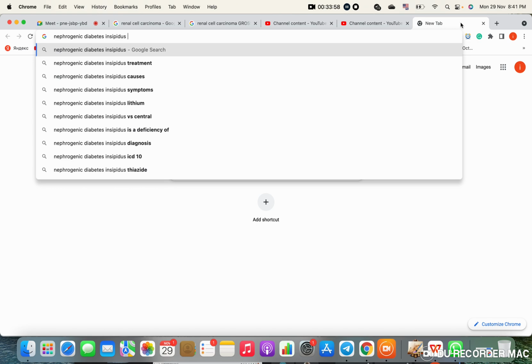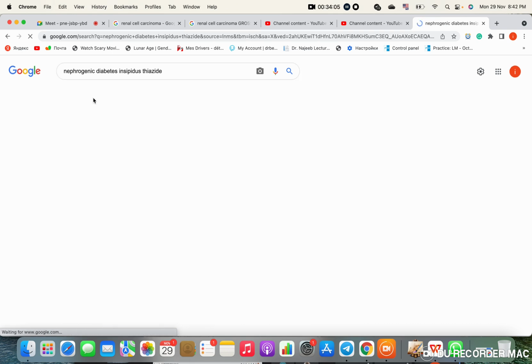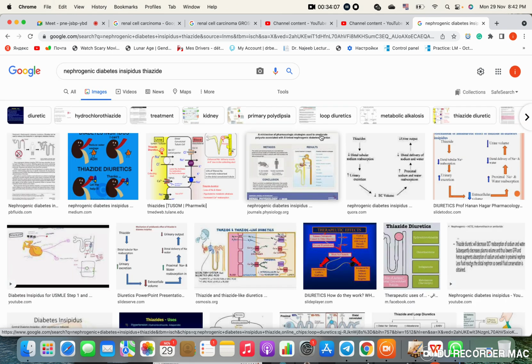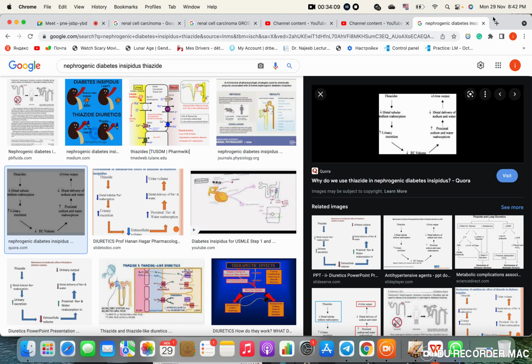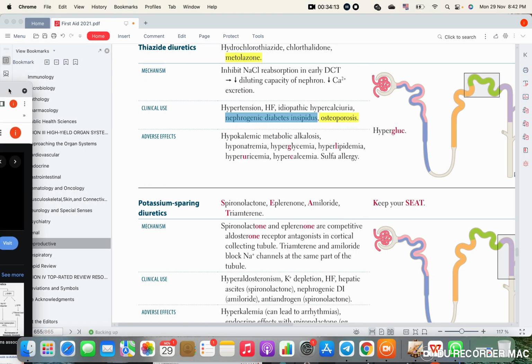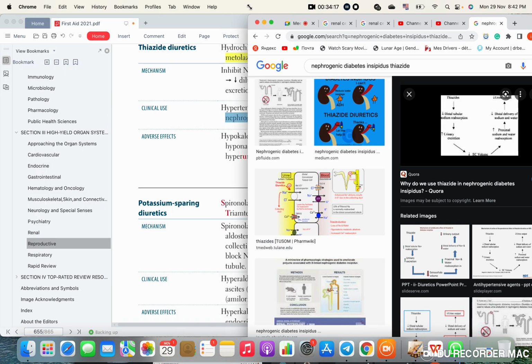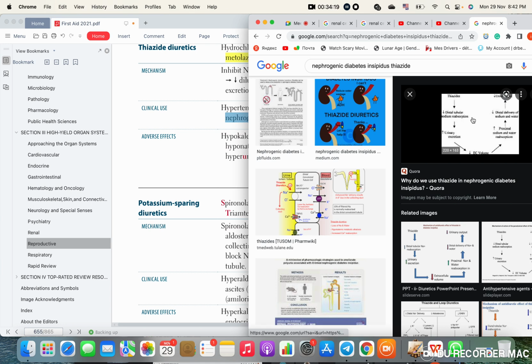But after that, I understood how it worked. So basically, the thiazide is a diuretic. So it leads to a state of hypovolemia. But where is this state of hypovolemia? Is it in the proximal kidney or at the distal convoluted tubule? It is at the distal convoluted tubule.